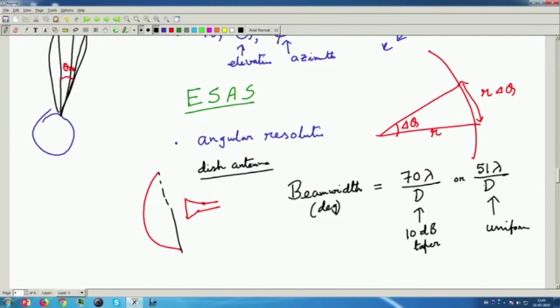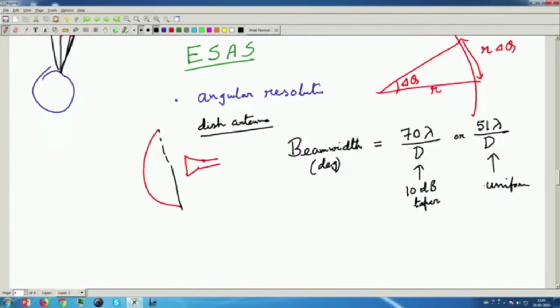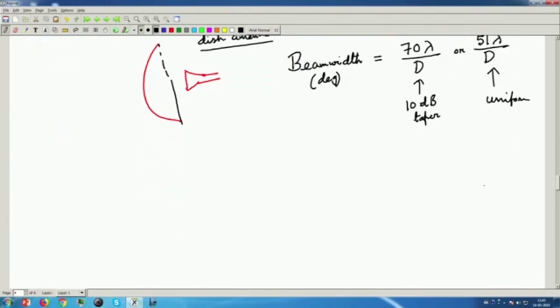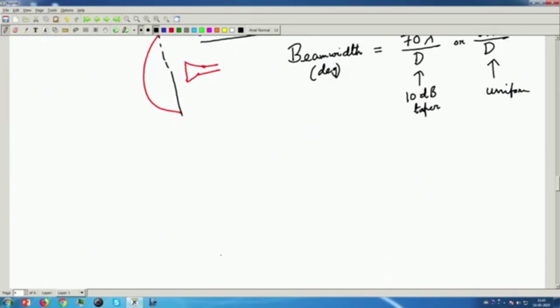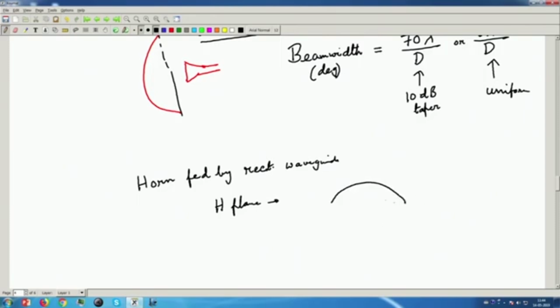So, now in the H plane of the antenna, for a horn fed by a rectangular waveguide, we know that in the H plane the field is maximum at the center and 0 at the end, something like this, so it is a tapered illumination.